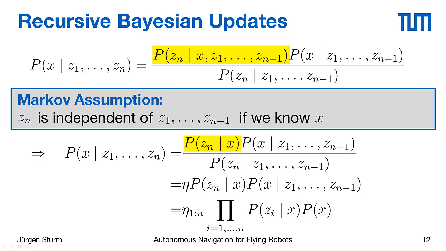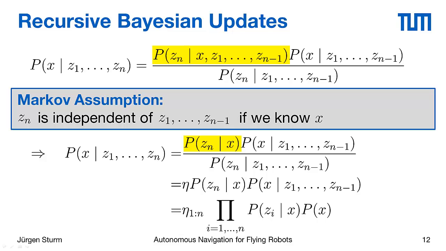So instead of computing this prior probability of a certain sensor reading, we can just replace it by a normalization constant and postpone this normalization until the end, because we know that our posterior probability distribution over the world state has to sum to 1 at the end because it needs to be a proper probability distribution.